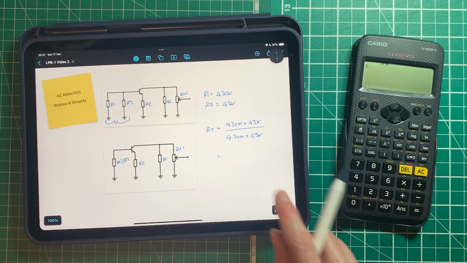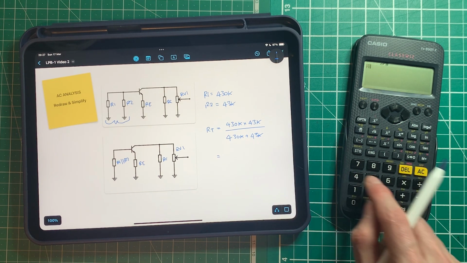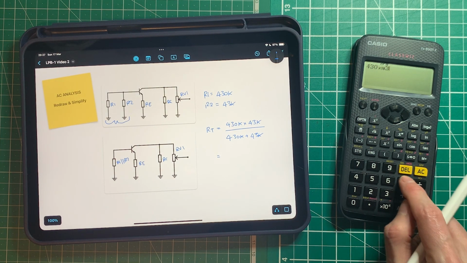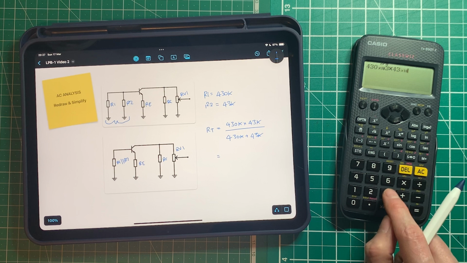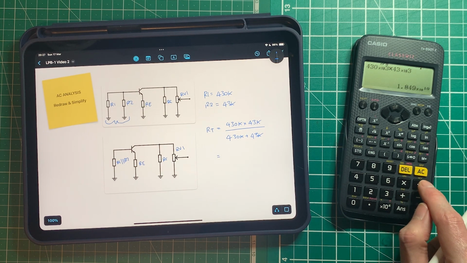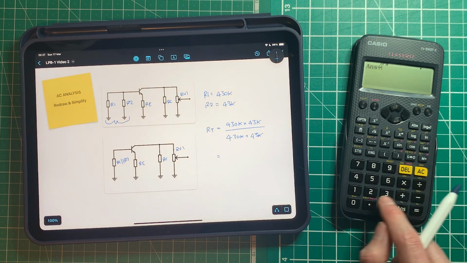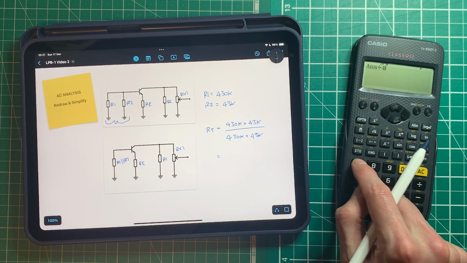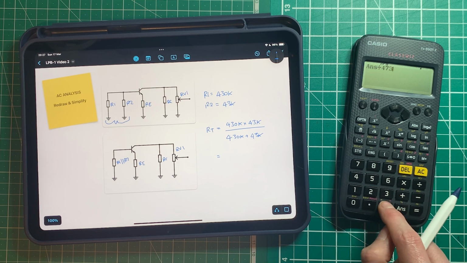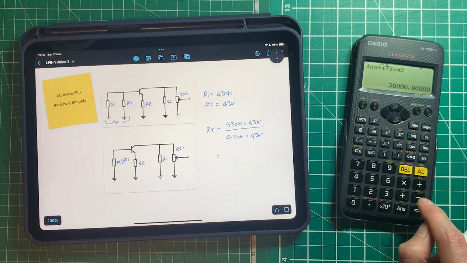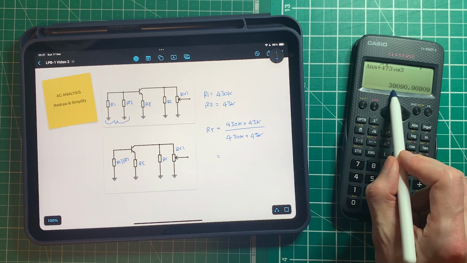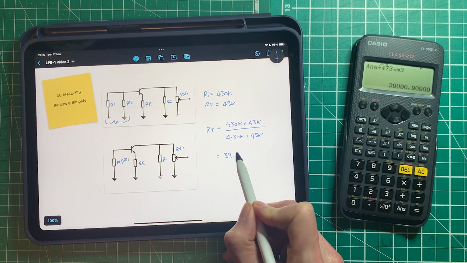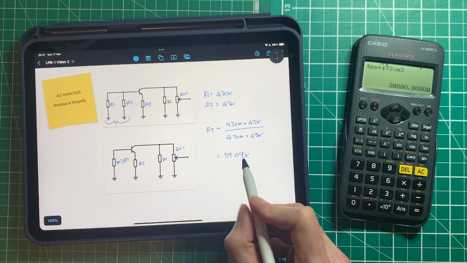turn this on, so it's 430 times 10 to the 3, because it's kilo ohms, times 43 times 10 to the 3 equals, and then we're going to divide that by, well, I can do some of this in my head, 473 times 10 to the 3 equals 39.09 kilo ohms.